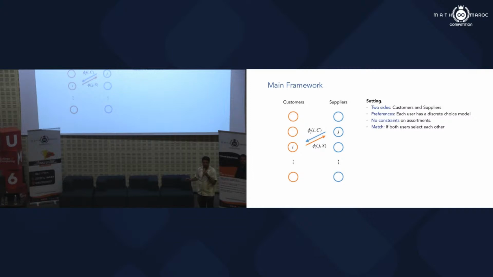That's a match. You would like to maximize the expected number of matches. So you would like to decide what assortment, what subset, you want to show depending on this probability distribution so that you maximize the expected number of matches.